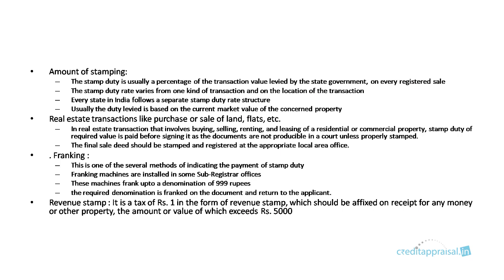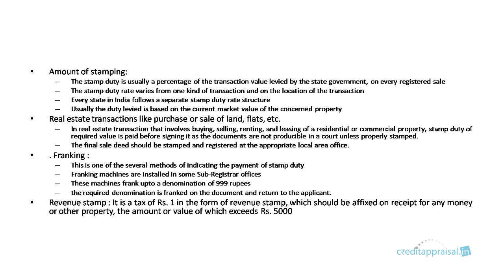Then, you might have heard of something called a revenue stamp. It's a tax of ₹1 in the form of a revenue stamp, which should be affixed if you have received any amount in cash. It's affixed on a receipt for any money or other property, the value of which exceeds 5,000.